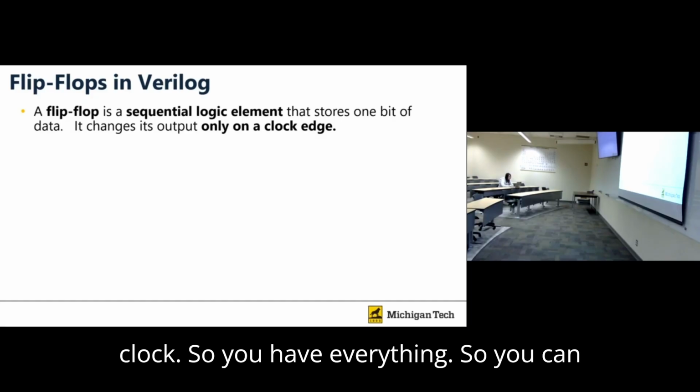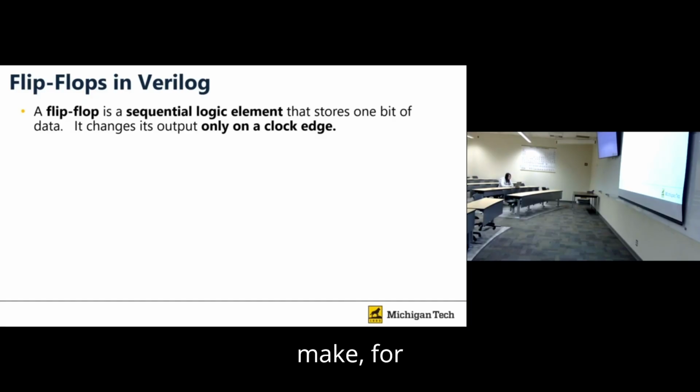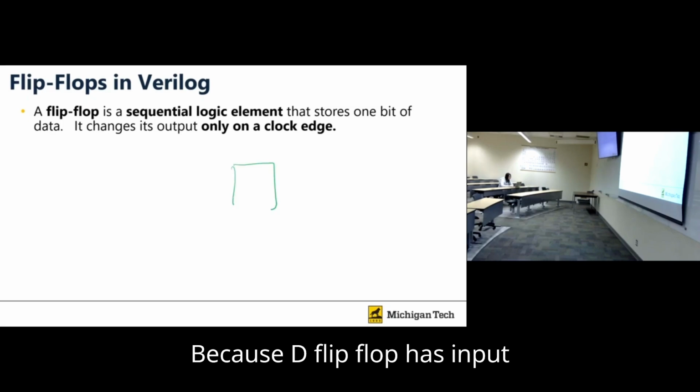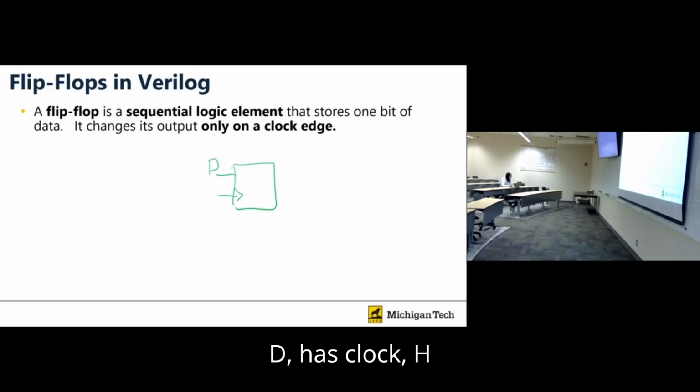So you have everything. You can make, for example, a D flip-flop. How? Because a D flip-flop has input D, an edge-triggered clock, and output Q.